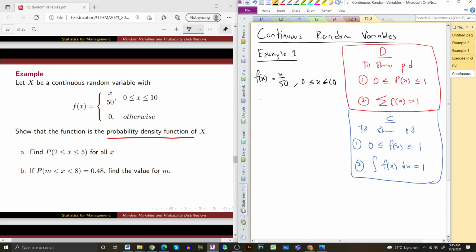Now for me to prove the first condition, let me take x equal to 0, just the end point. My f(0) is 0.